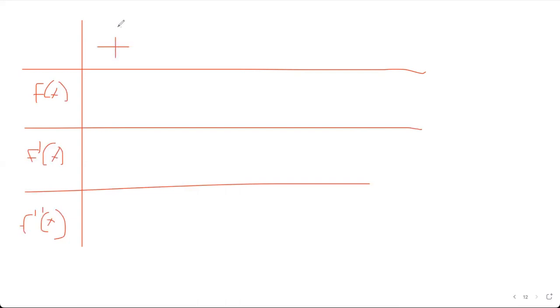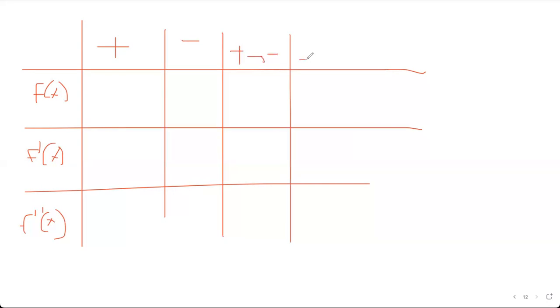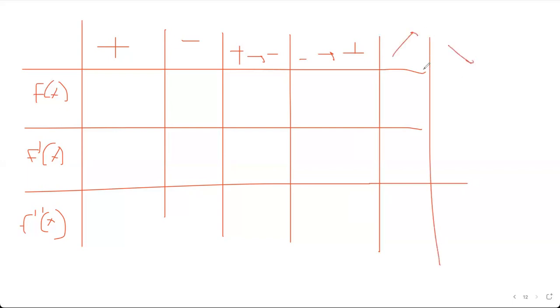So there's positive, negative, positive to negative, negative to positive, and then increasing and decreasing. These are the ones I'll go with for now.